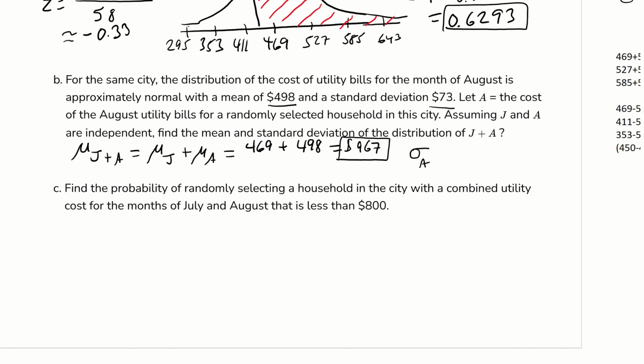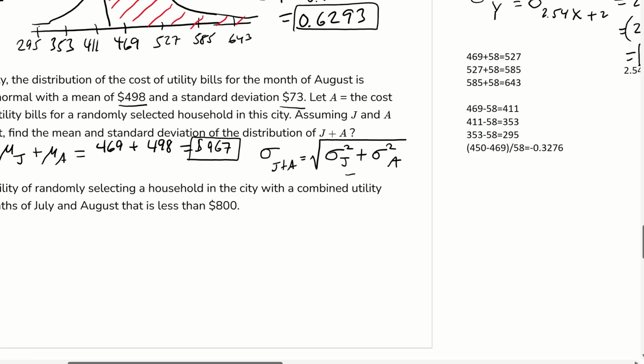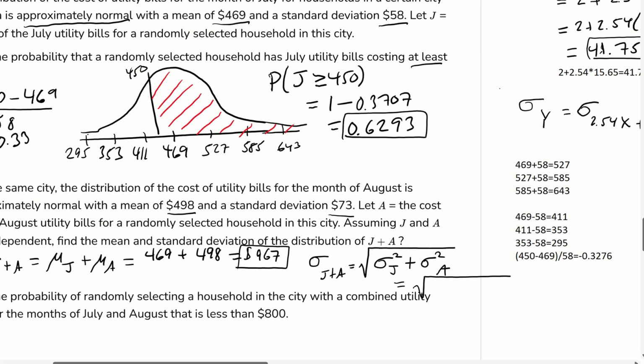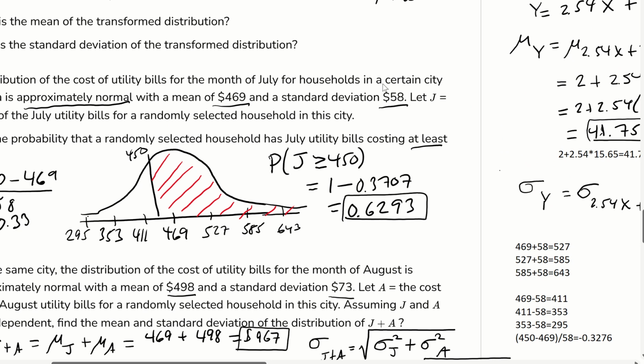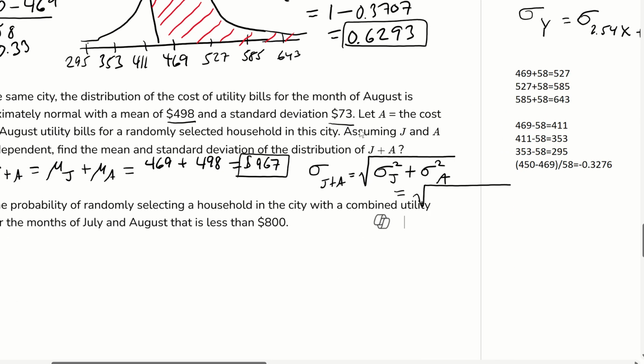The standard deviation of j plus a is the square root of the sum of the variances, j plus a. Remember, it's a Pythagorean sum when it comes to the standard deviation. The standard deviation for j was 58, so 58 squared plus 73 squared.